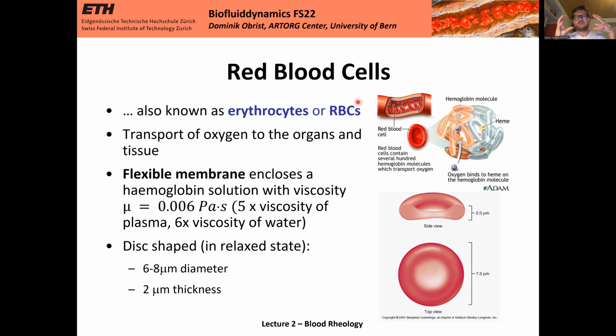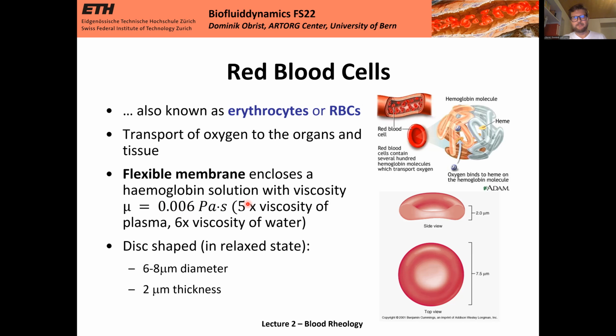And that solution is a relatively viscous solution. It has a viscosity of about 0.006 Pascal second, so about 5 times the viscosity of plasma or 6 times the viscosity of water. Okay, so we have plasma around, low viscosity, and suspended in this plasma we have these capsules with a membrane, and inside this membrane we have this highly viscous fluid.